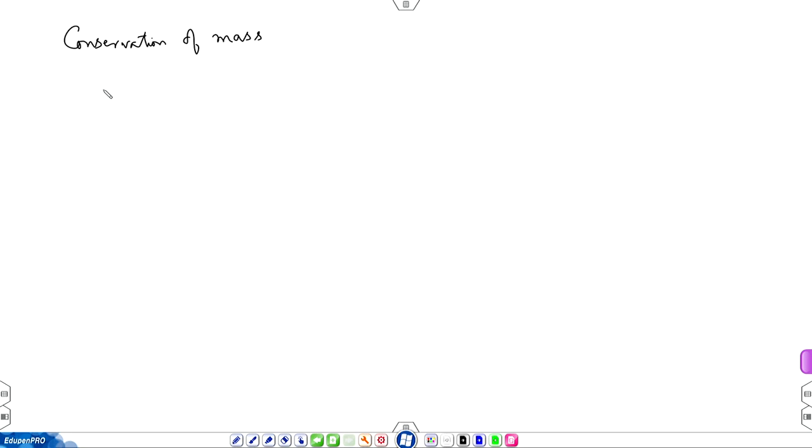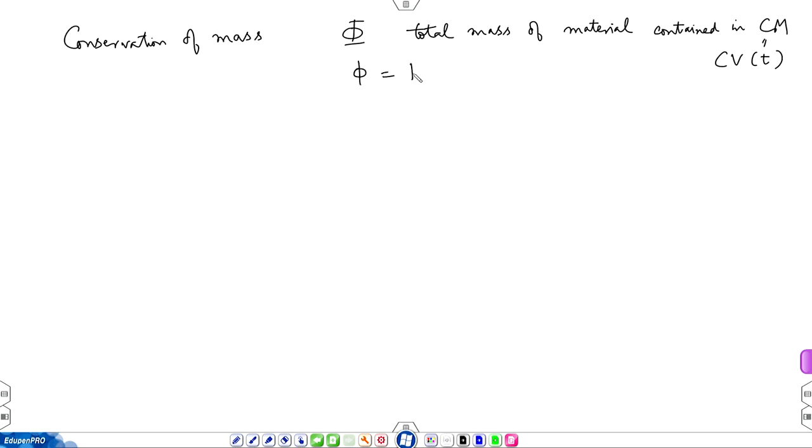So, let us write capital phi as total mass of the material contained in Cm, which is equal to Cv at time t, in which case phi is equal to 1. So, substituting these, then what is d phi dt?